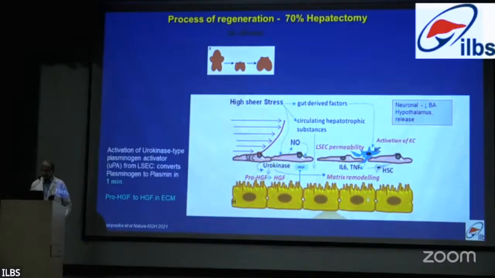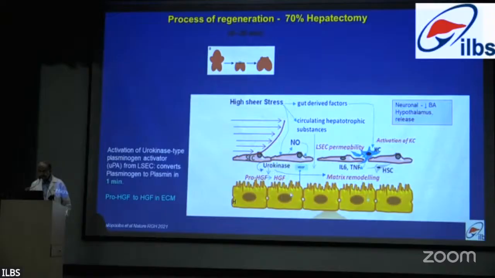This simple diagram gives you what happens in the very first minute of 70% hepatectomy. It is 0 to 30 minutes. In 1 minute's time, you will have the urokinase type plasminogen activator, uPA, from LSEC. Now this will come out and convert plasminogen to plasmin.